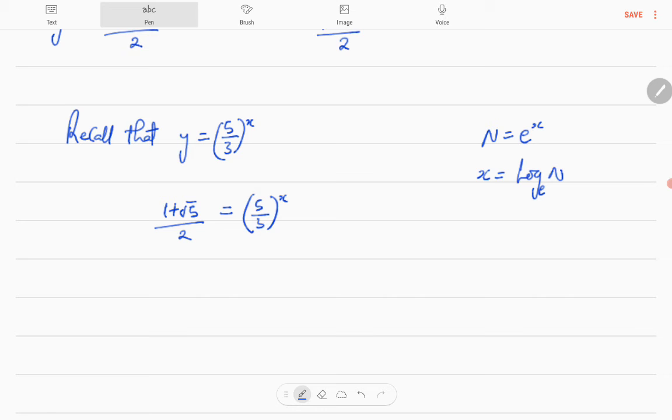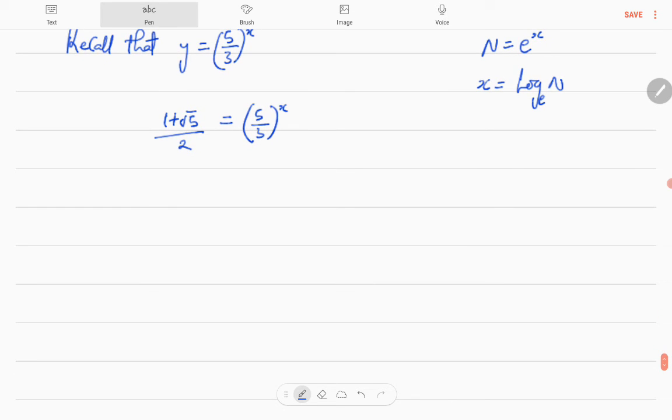So I'm going to apply it here to find our x. So applying it here, I'm going to have x is equals to log, let's put this in brackets, 1 plus root 5, and of course this x, we can have our x as log n divided by log e.